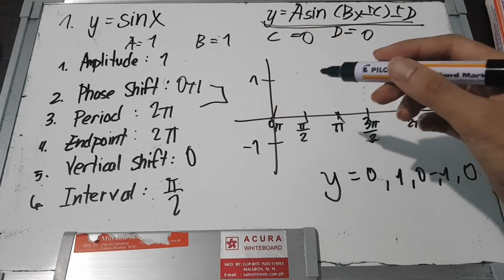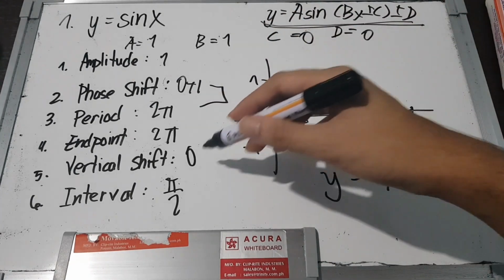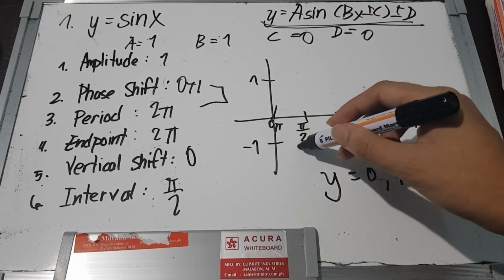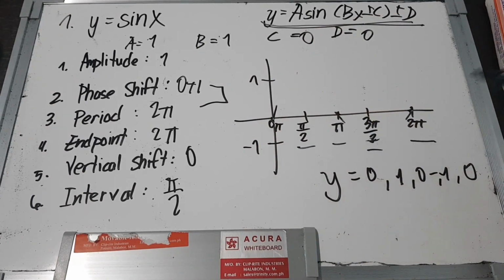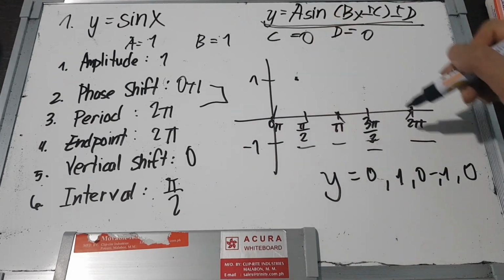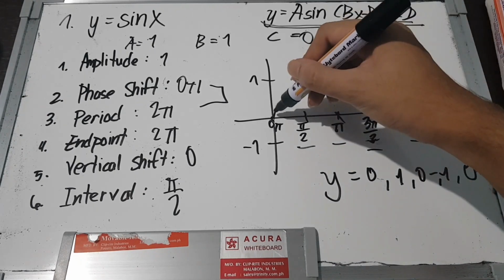Our endpoint is 2 pi, meaning the graph should end at 2 pi. Our vertical shift is 0, meaning there will be no vertical displacement in the graph. And our interval is pi over 2. Next, plot the points 0, 1, 0, -1, and 0.